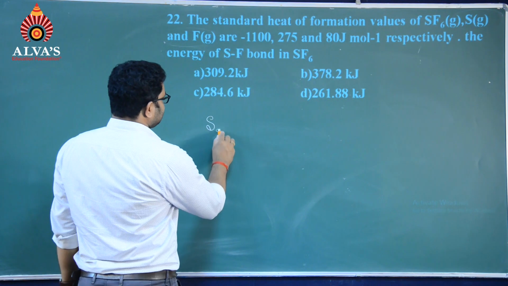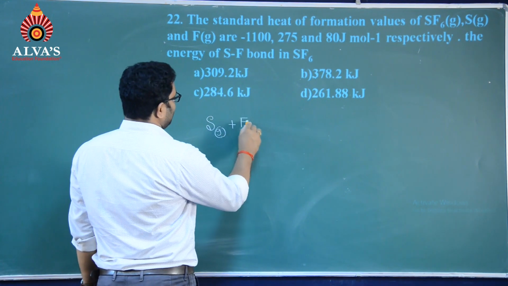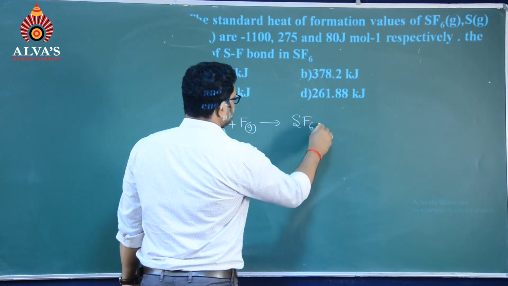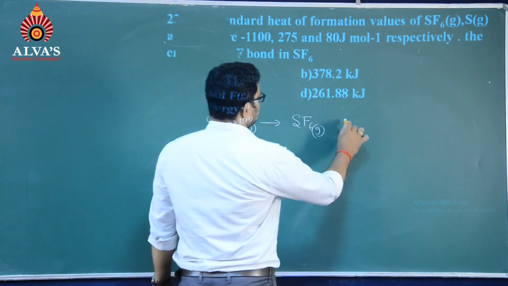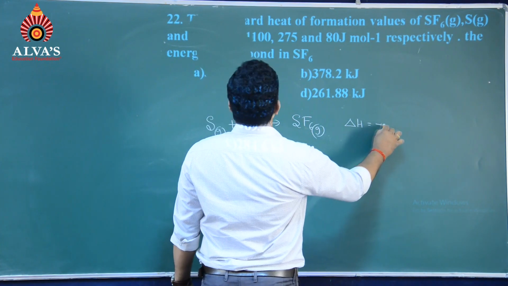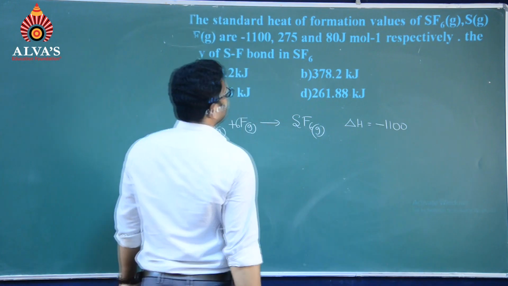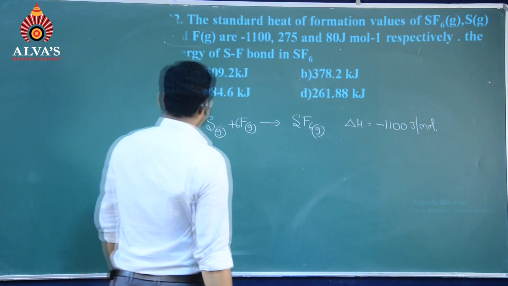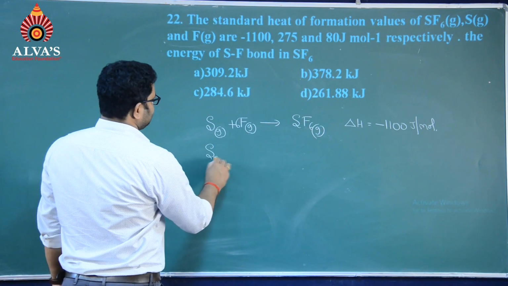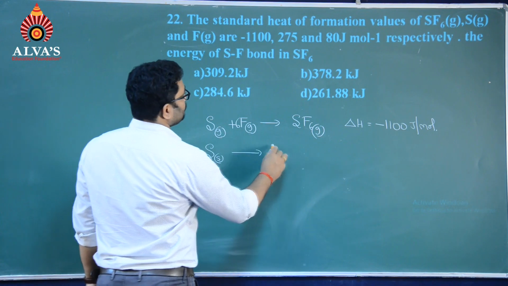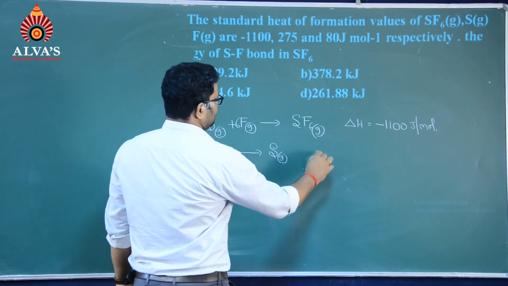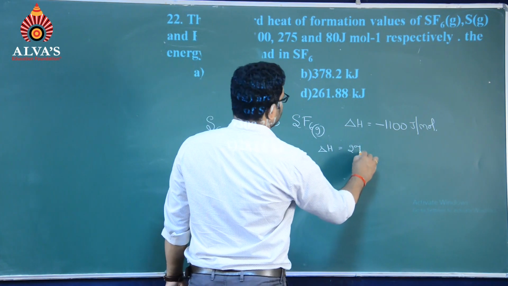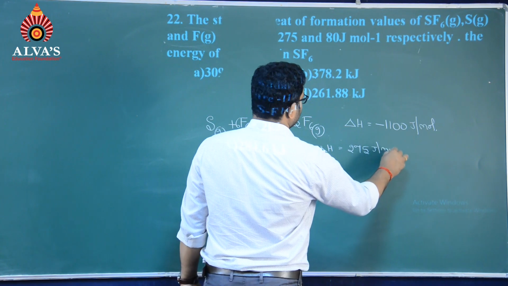S gas plus F gas will give you SF6 gas. Balance the equation. The delta H value is minus 1100 joule per mole. Next one, S solid to S gas, delta H value is 275 joule per mole.